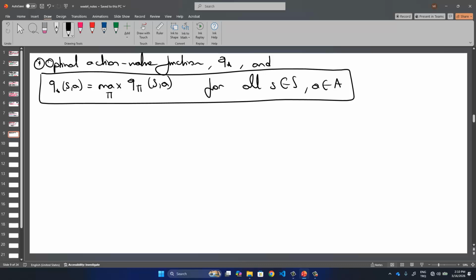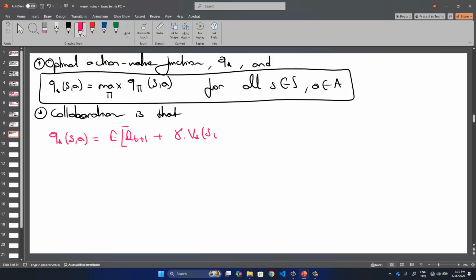And so how can we combine these two equations into one? The combination is that we have q star of s, a, which equals the expected value of R t plus 1 plus gamma v star of S t plus 1, given S t equals s, A t equals a.